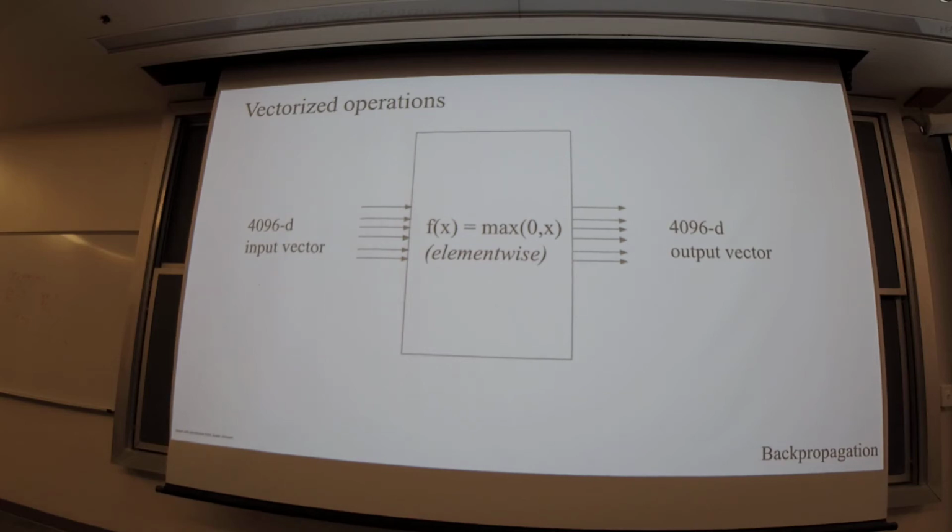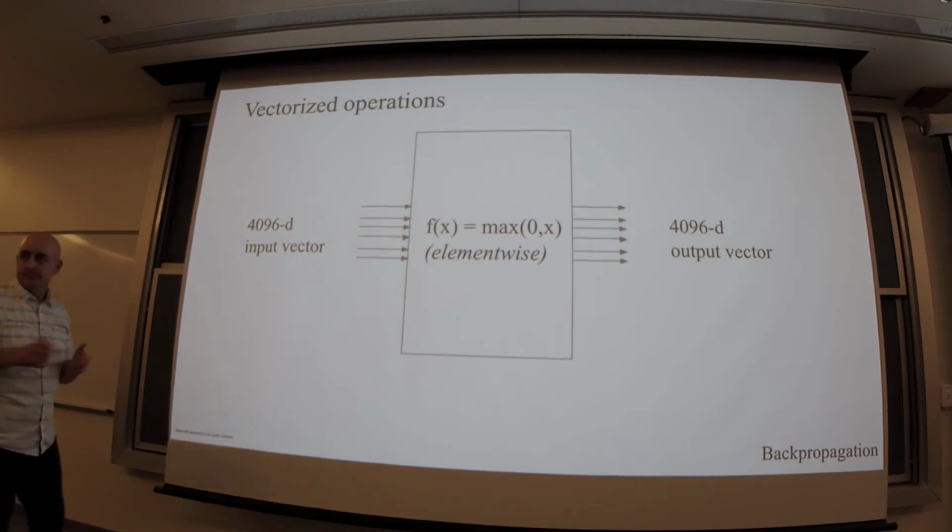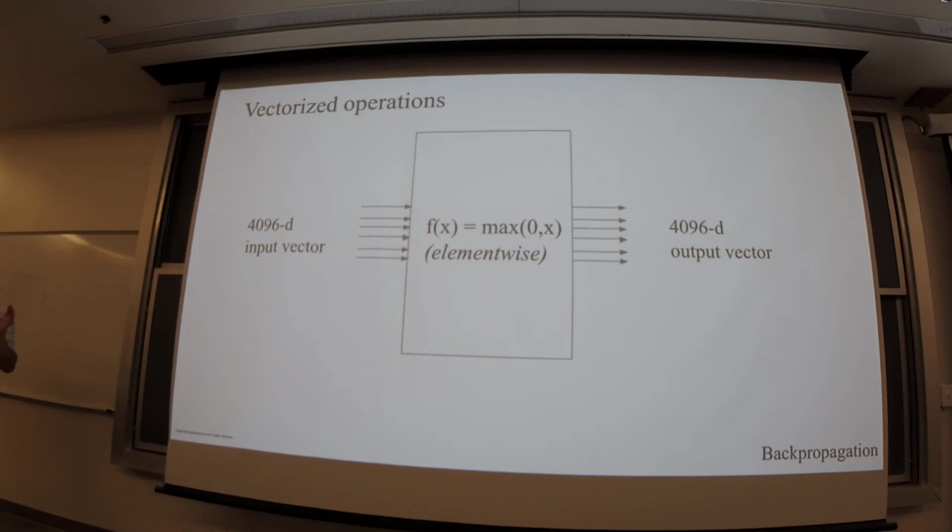So what's the size of the partial of f with respect to x? 4096? There's definitely 4096 in there. That's right. You're getting a matrix, right? Your outputs are multidimensional, your inputs are multidimensional.